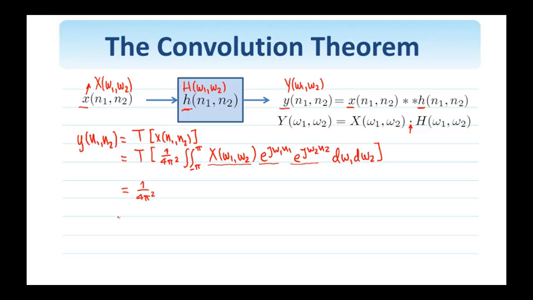And the system operates on signals that are functions of n1 and n2. Therefore, the Fourier transform values, the weights as I call them, are constants as far as the system is concerned. So I am left with this expression.